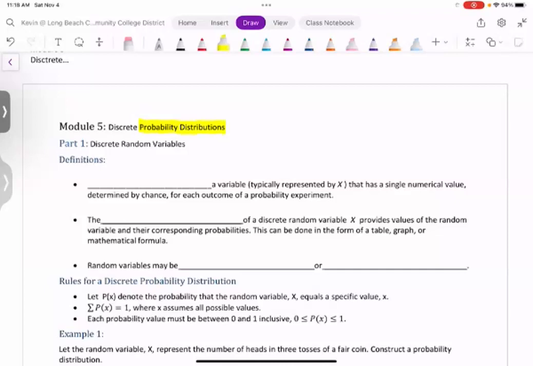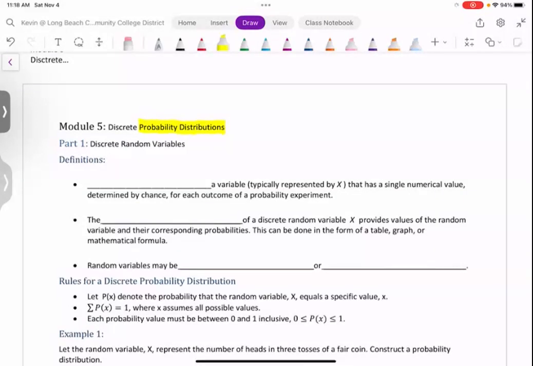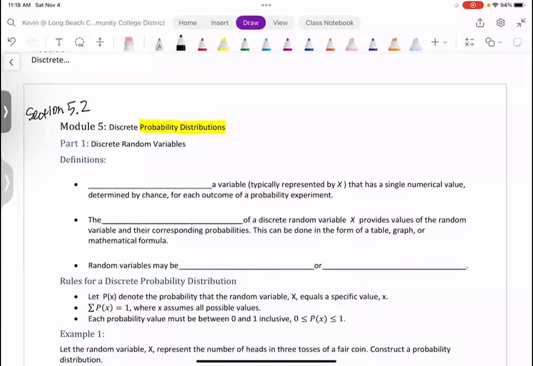Although most of our probability distributions are going to be continuous, chapter 5 is all about the discrete, and 5.1, which is actually section 5.2 in your textbook, even though it says part 1. And we're going to jump into it.